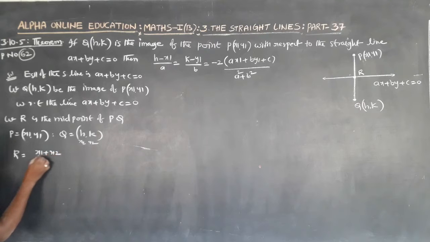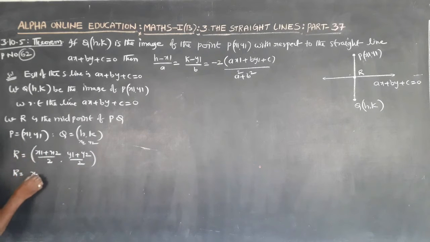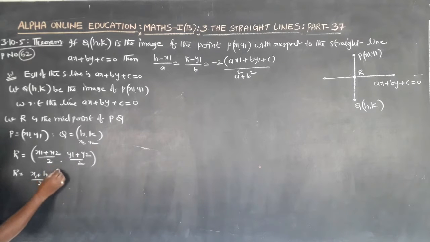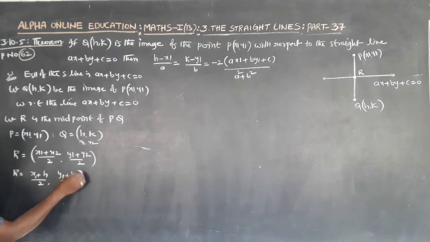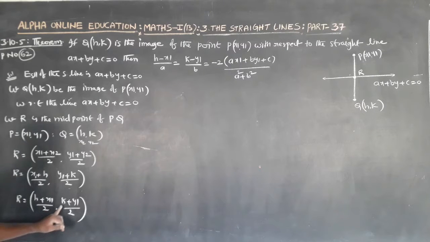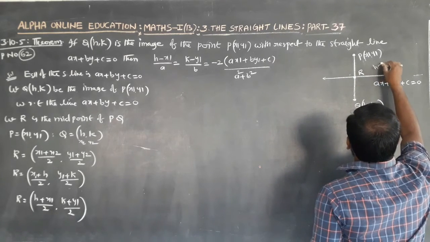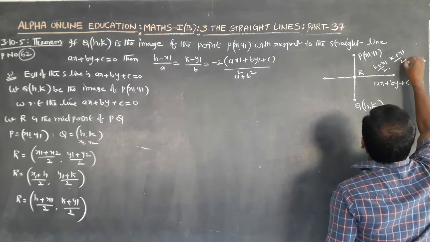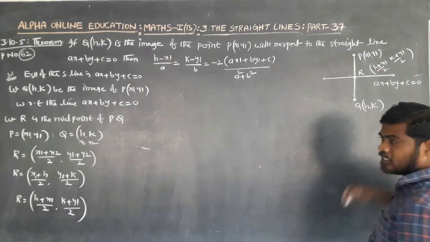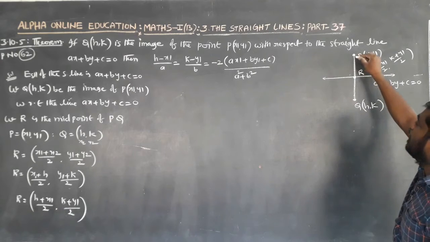Midpoint R is ((x1 + x2)/2, (y1 + y2)/2), that is ((h + x1)/2, (k + y1)/2). So ((h + x1)/2, (k + y1)/2) is the midpoint of the line PQ.